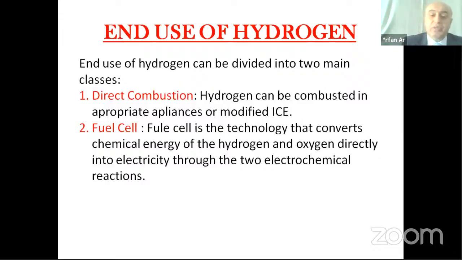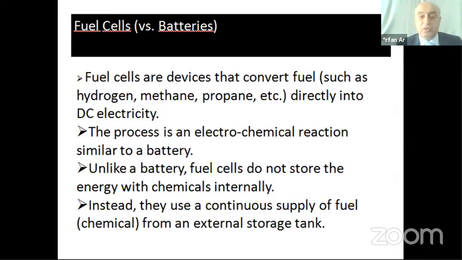Hydrogen can be combusted in appropriate appliances or modified internal combustion engines, and also it can be used as fuel in the fuel cell. Fuel cells are the technologies that convert the chemical energy of hydrogen and oxygen directly into electricity through 2 electrochemical reactions.